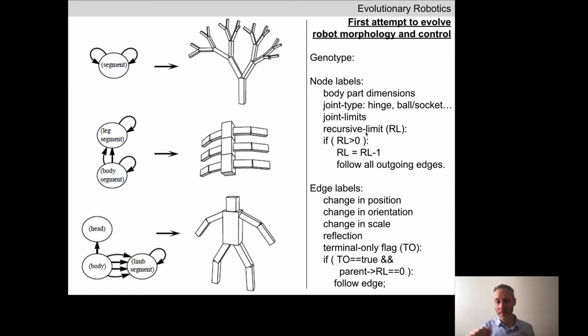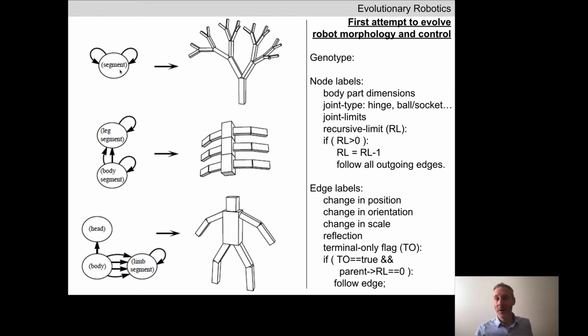Okay, so as we start to translate or map the genotype into the phenotype, we start at the root node. One of these nodes in each of these graphs is tagged as the root node, or in PyBullet, this would be the base. We take all the information in there and construct the base body part.